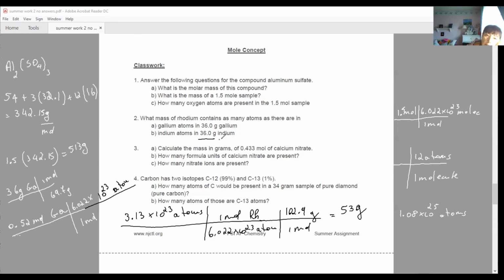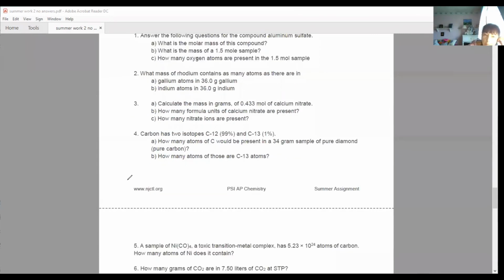And then the same thing for 36 grams of indium instead. How many moles of indium do we have? You can also shorten this process a little bit. First of all, how many moles are there? You can do 36 grams of indium, right? We want to know how many atoms are in there.